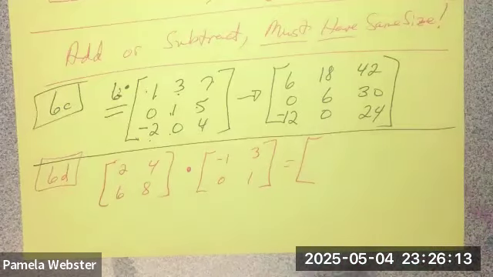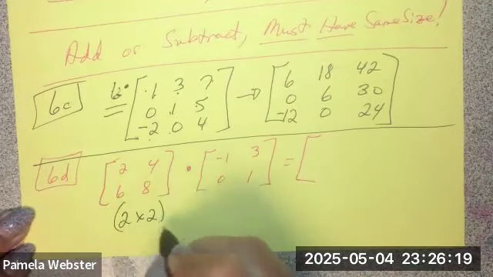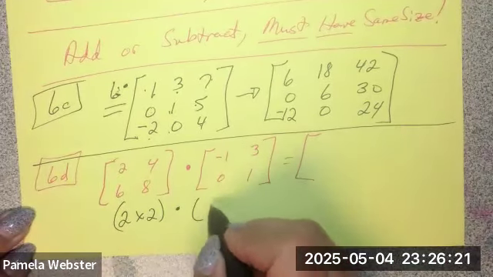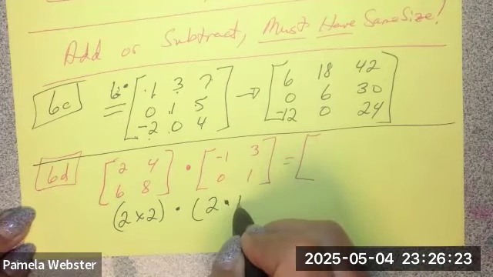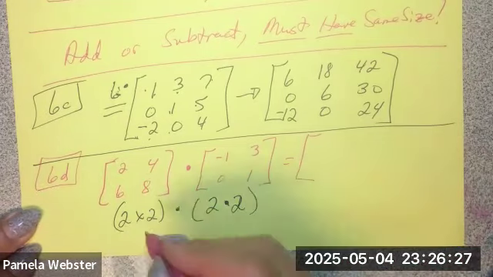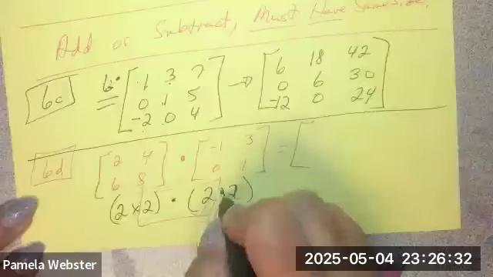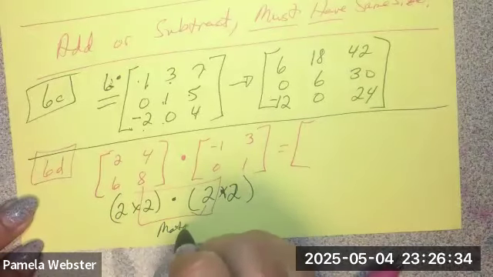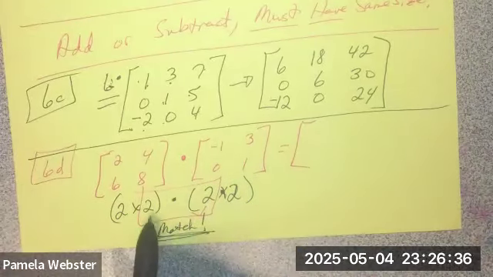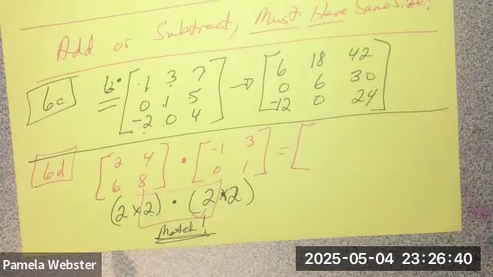Now, before I do this, what do I check? 2 by 2 is this guy's dimensions times 2 by 2 is this guy's dimensions. And what am I checking? I'm checking that these inside numbers match, okay? The number of columns here is the same as the number of rows there. You have to have that in order for this to work out.